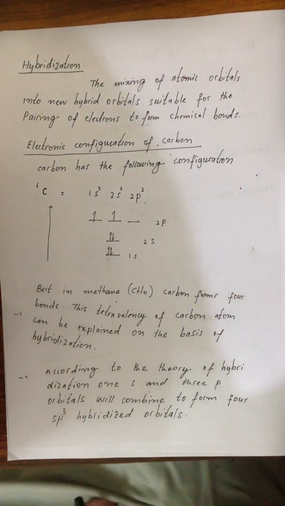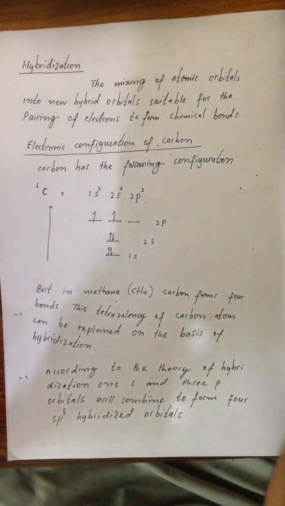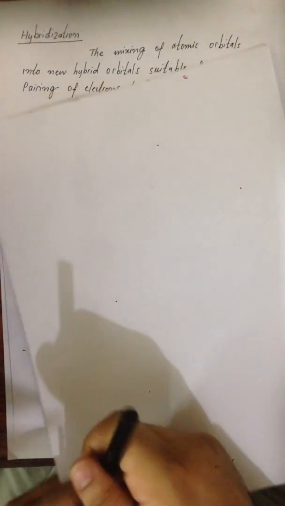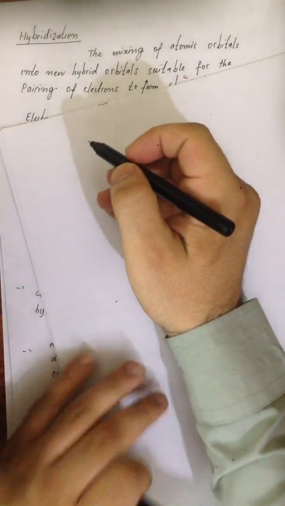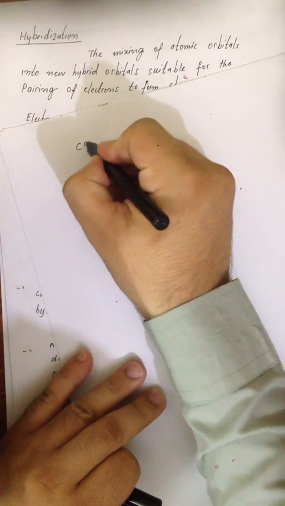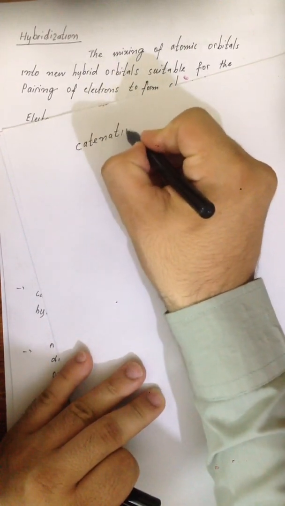Carbon atoms have a property called catenation. Let me write it here. Catenation.